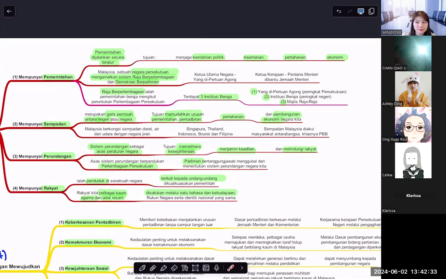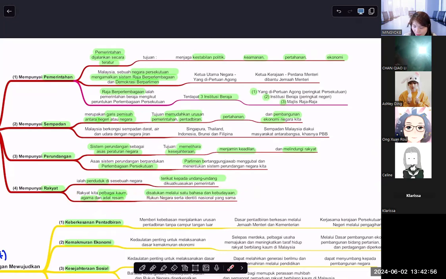Okay, good. So when they are bound by the law, guys, you see, in Malaysia, we have various types of citizens, races, and religions, and they are united under one language, one culture, one rukun negara, and one national identity.